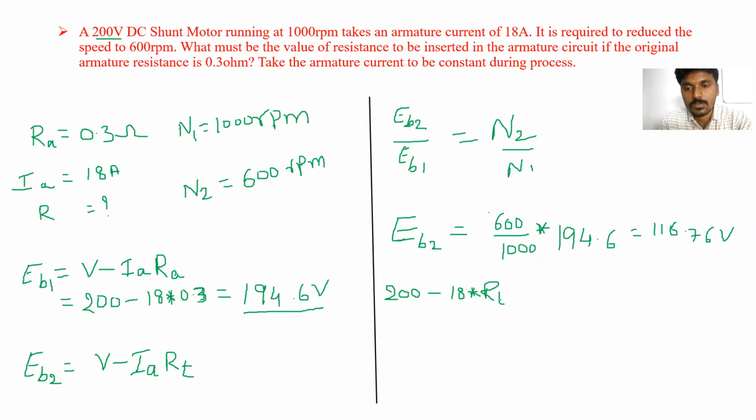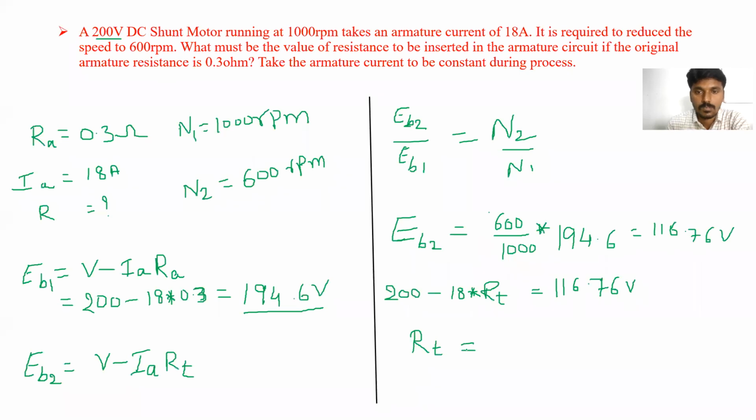RT is nothing but the total resistance, equal to 116.76 volts. So this is constant, this is constant. Can we easily find out the RT? RT find out कर सकते क्या? What is the value of RT, please?